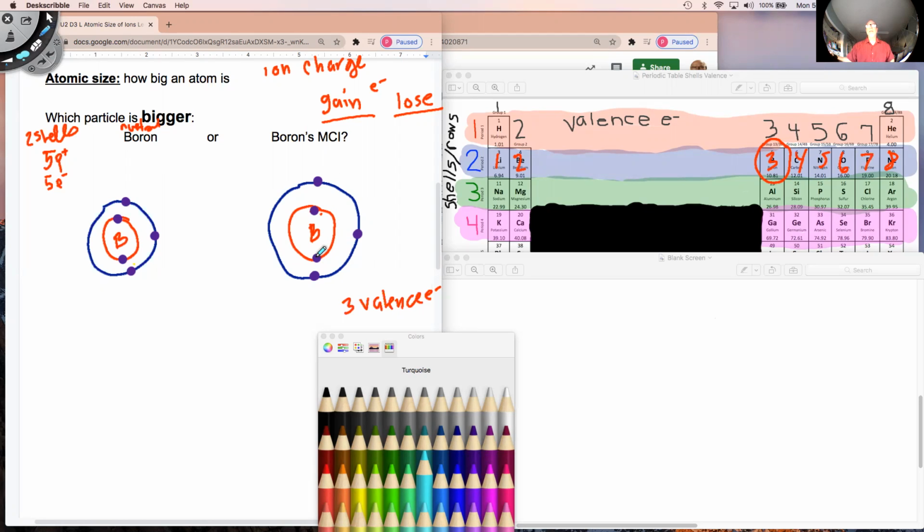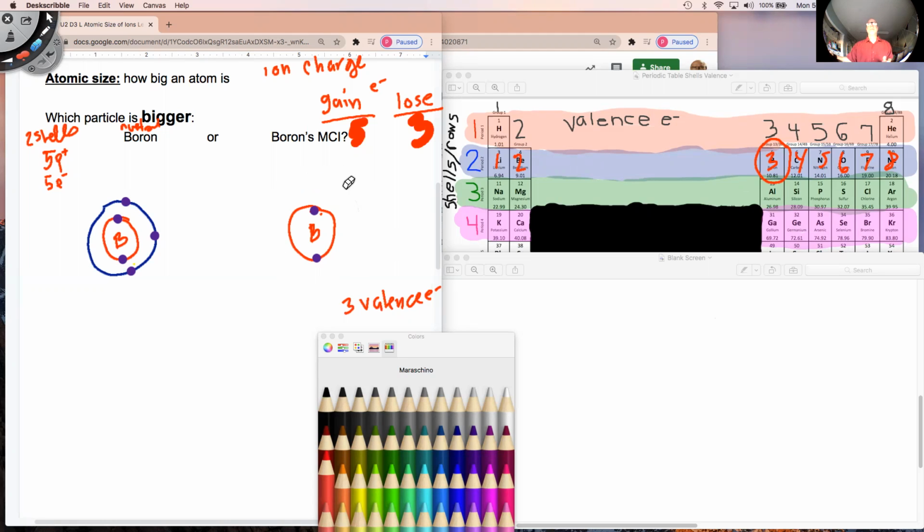Hopefully, since this is a review, you're sitting there going, instead of gaining 5, it wants to do the smaller number. It's going to want to lose those 3 electrons. And so boron is going to lose these 3 electrons on the outside.